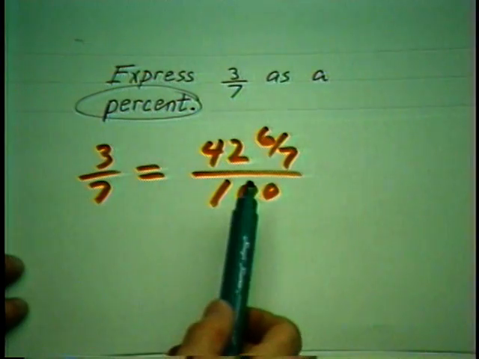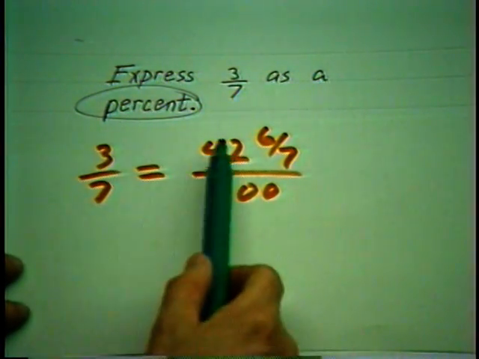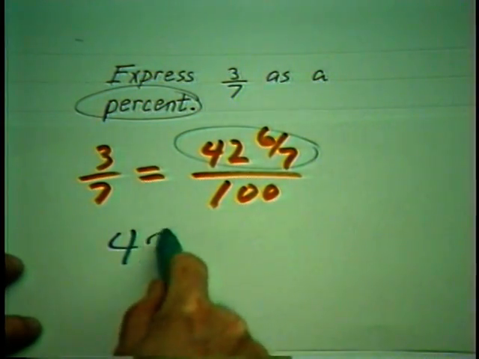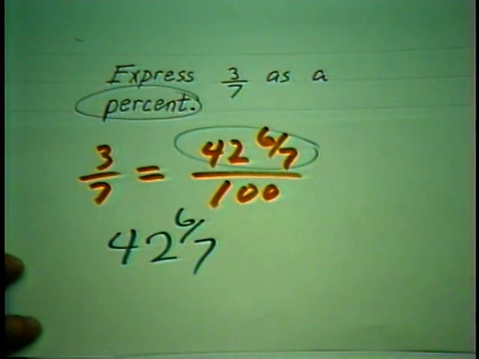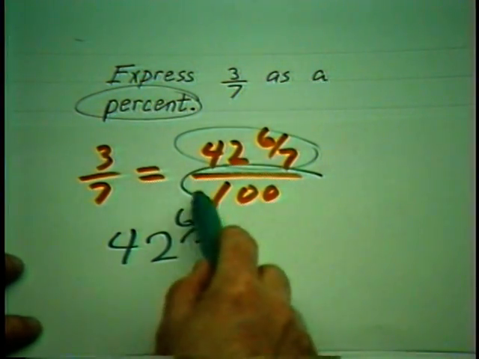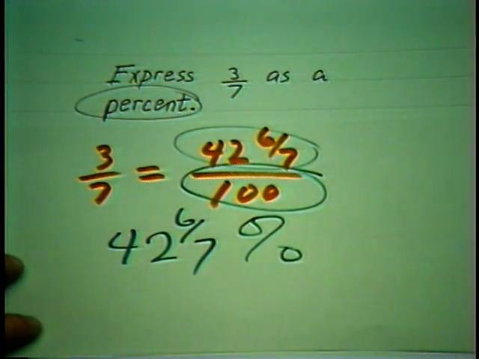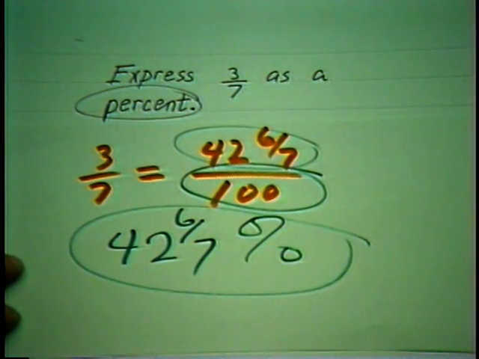So using this more complicated way of writing it, 3/7 is 42 6/7%, 42 6/7. But as soon as we have the per hundredth, we have percent. So 3/7 and the number 42 6/7% are precisely the same number, just written differently.